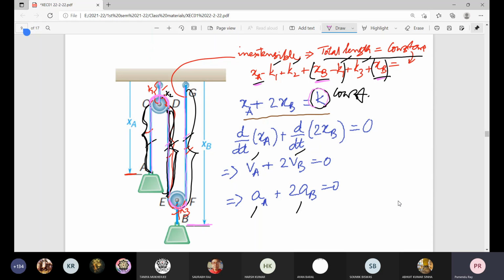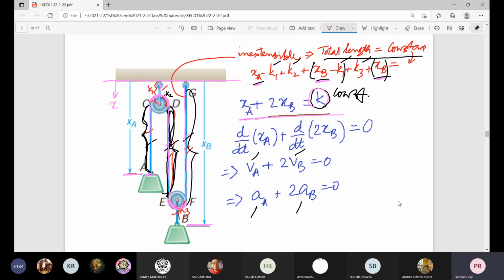So the position of A, if this is defined as the x direction for movement, is the distance of block A from this reference line, that is the ceiling, and the distance of block B; those are related through this expression.